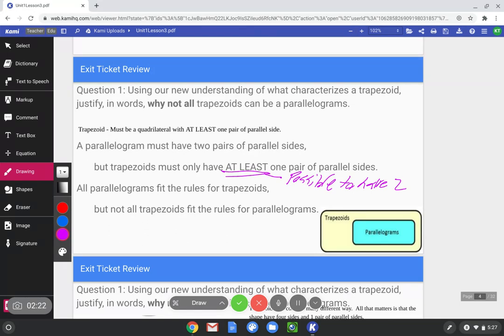So, like we said, a parallelogram is a quadrilateral with two pairs of parallel sides. So it's automatically going to have at least one pair of parallel sides, which automatically makes it a trapezoid.